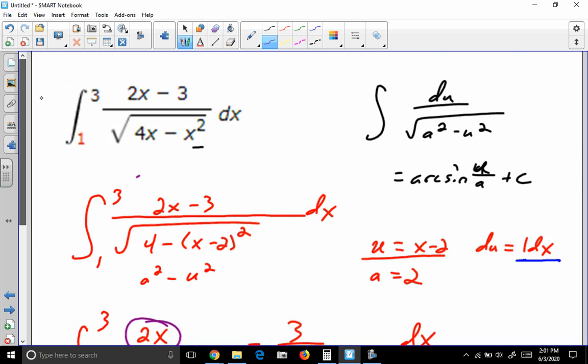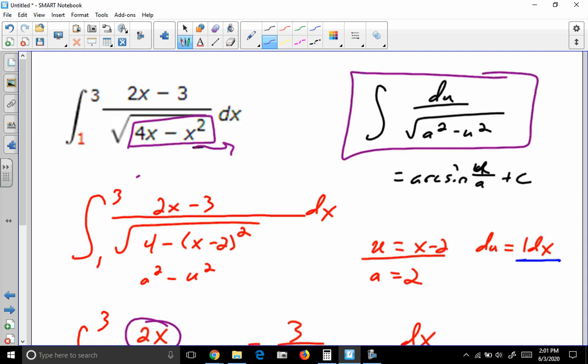Well, let's look back at our original problem here. If we would have not known that formula, if we go back all the way to when we first start integrating, one thing we do is we make a substitution.